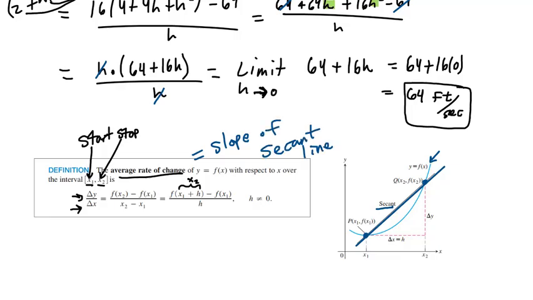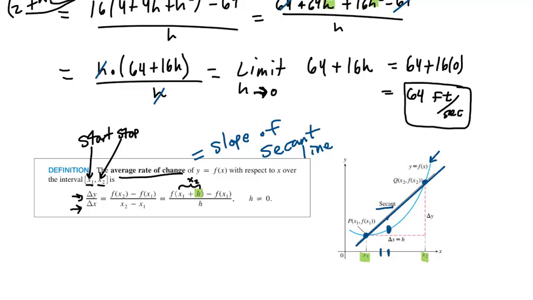Now if you imagine we want to make this number h smaller and smaller, and get closer and closer, our points should be closer and closer together, so much so that they basically become a single point. So we would say, okay, I don't want my points so far apart. Maybe my x1 is still where it's at, but x2 is even closer, right there on the curve.